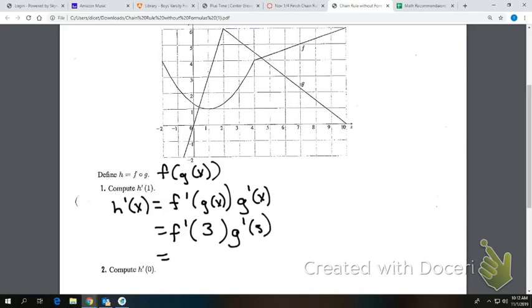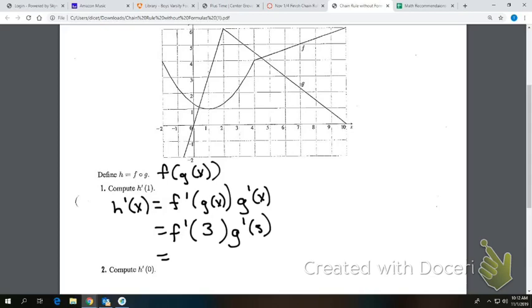I only gave you the f and g functions. What is f prime of 3? So where's f at? Right here's f. Here's 3. We're finding both, aren't we? We're going to find f prime of 3 times g prime of 3.